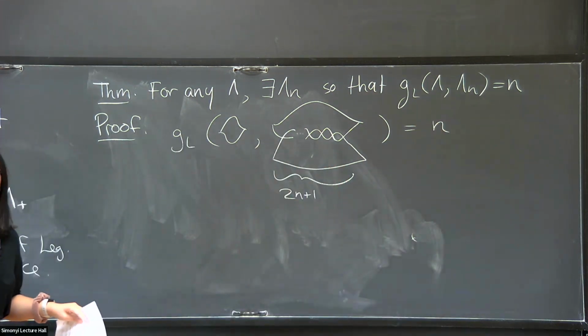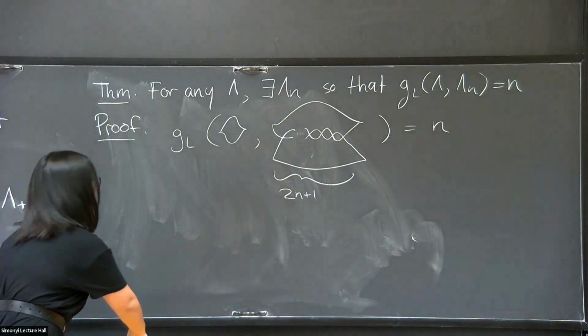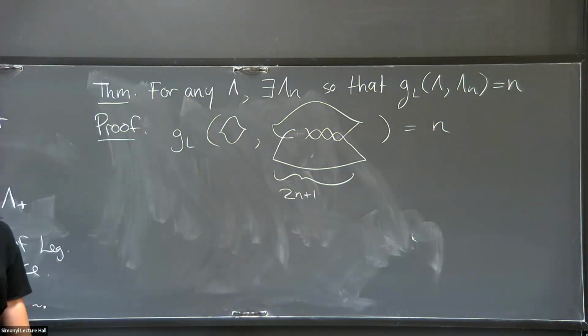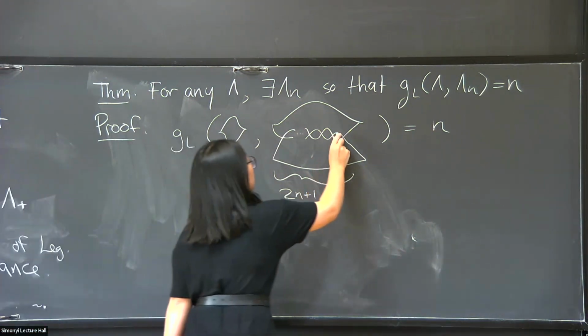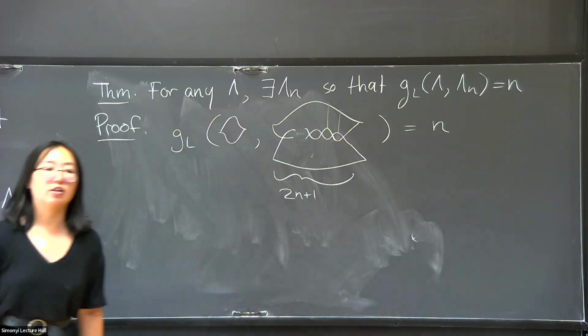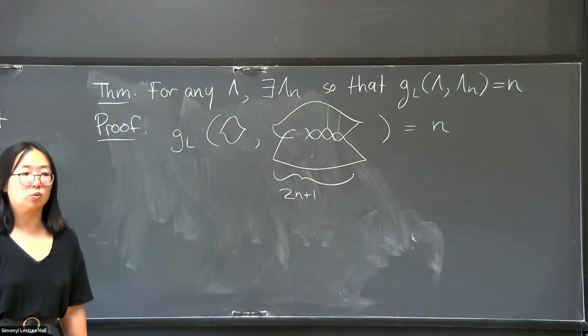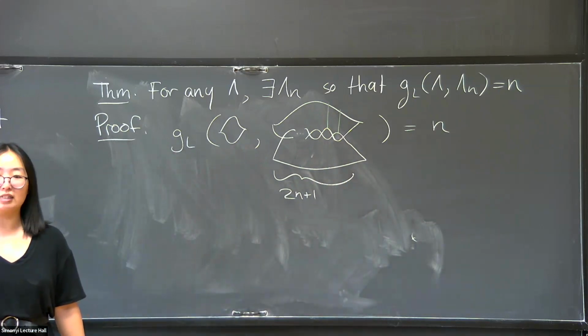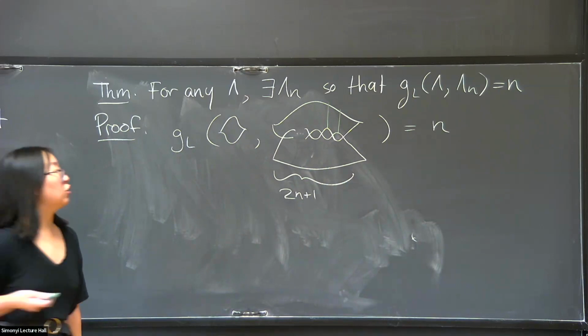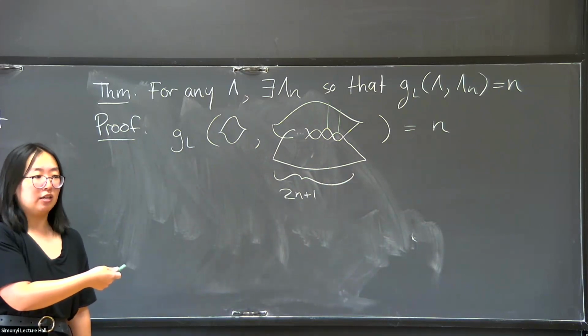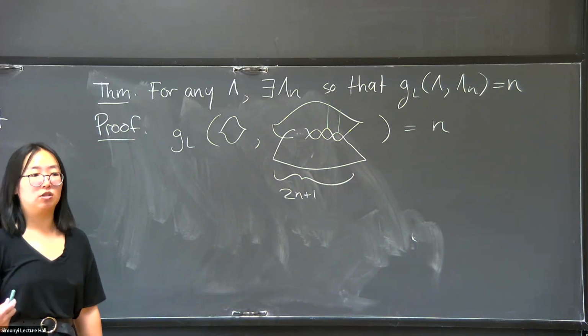How do I see this? Well, how many pinches does it take to get down to the unknot? Well, I can pinch here and here, and that's a genus 1 cobordism that gets me 2 crossings less, right? And so if I do 2n pinches, then I get a genus n cobordism to the unknot.